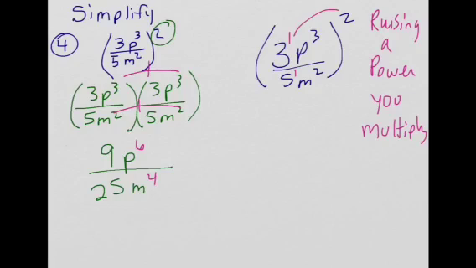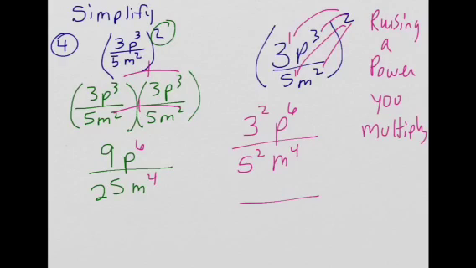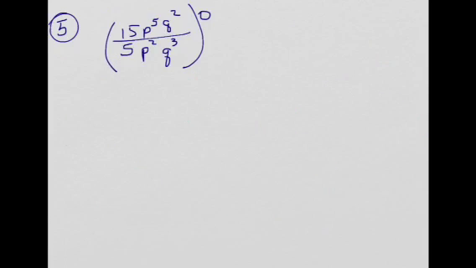So we're going to multiply 2 times 1, so that's going to be 3 squared. And we're going to multiply p cubed times 2, so that's going to be p to the 6th, over, we're going to multiply 5 squared, and then we're going to multiply m to the 4th. And then all we have to do is simplify, so that's going to be 9p to the 6th over 25m to the 4th. Notice that we get the same answer.